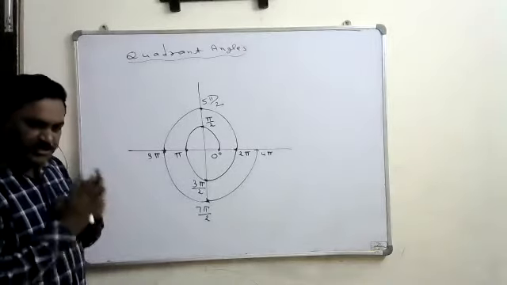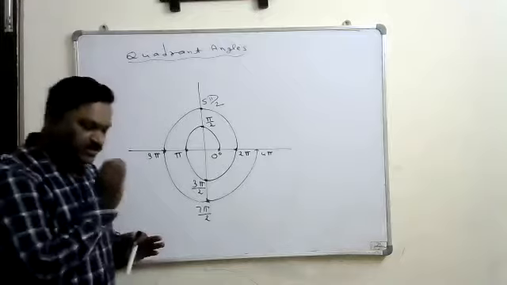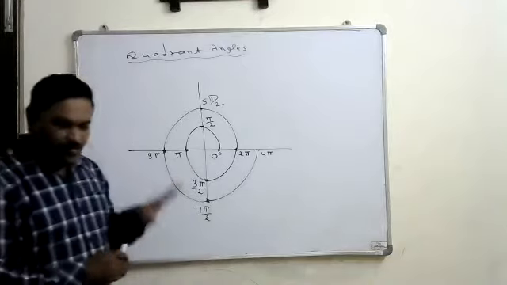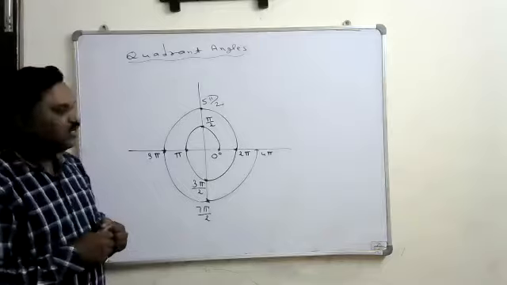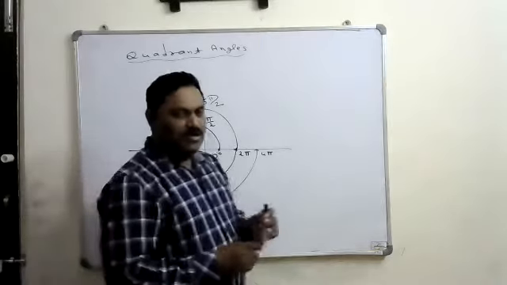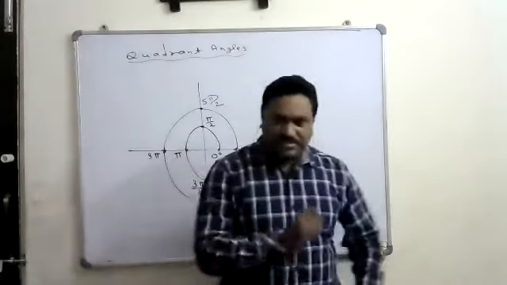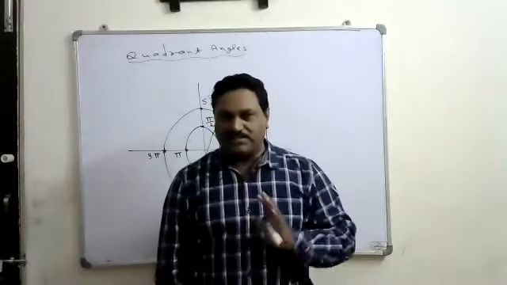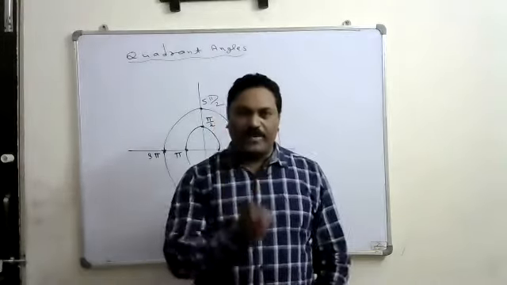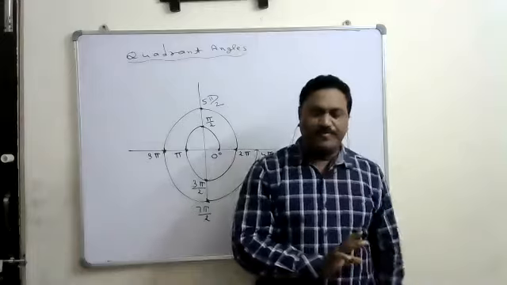This is a very important point, because while solving problems, if you keep this point in mind, you can easily understand the problem. So remember this once again. If the quadrant angle is an odd multiple of pi by 2, it lies on the y-axis.